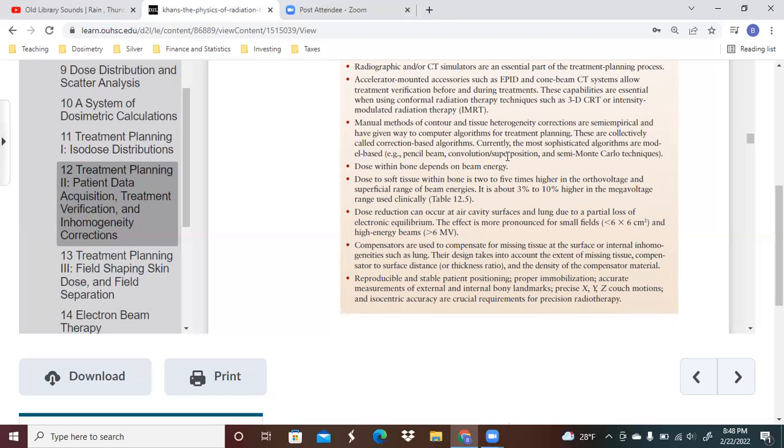And so there are certain correction-based algorithms. And the most sophisticated algorithms are model-based, in other words, pencil beam, convolution/superposition, and semi-Monte Carlo techniques.